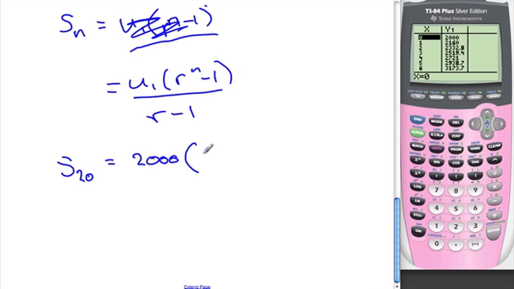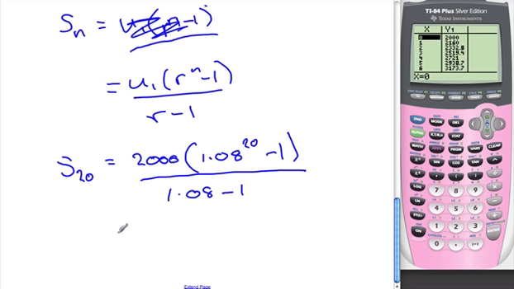So R is 1.08 to the power of n minus 1, all divided by 1.08 minus 1. What we're multiplying by each time, 1.08, is kind of our multiplier. And we can put all this on the calculator and see if that's bigger or less than 88,000.